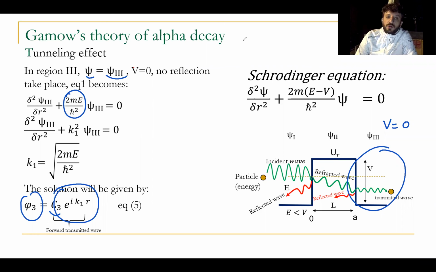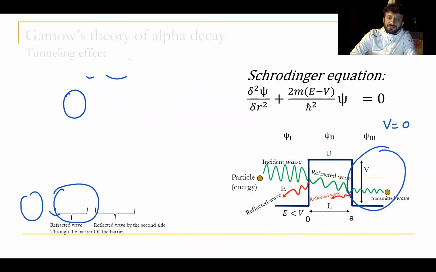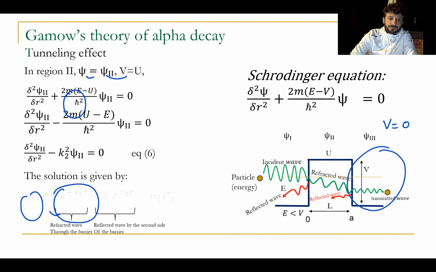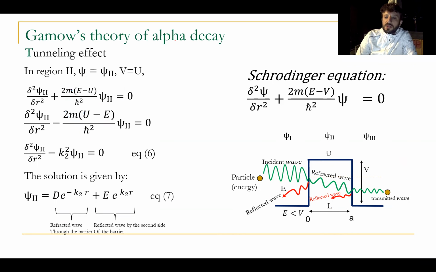Now we go to the second region. Here we have one incident wave and one reflected wave, and V equals a constant value equal to U. We can calculate this one. We get this equation.